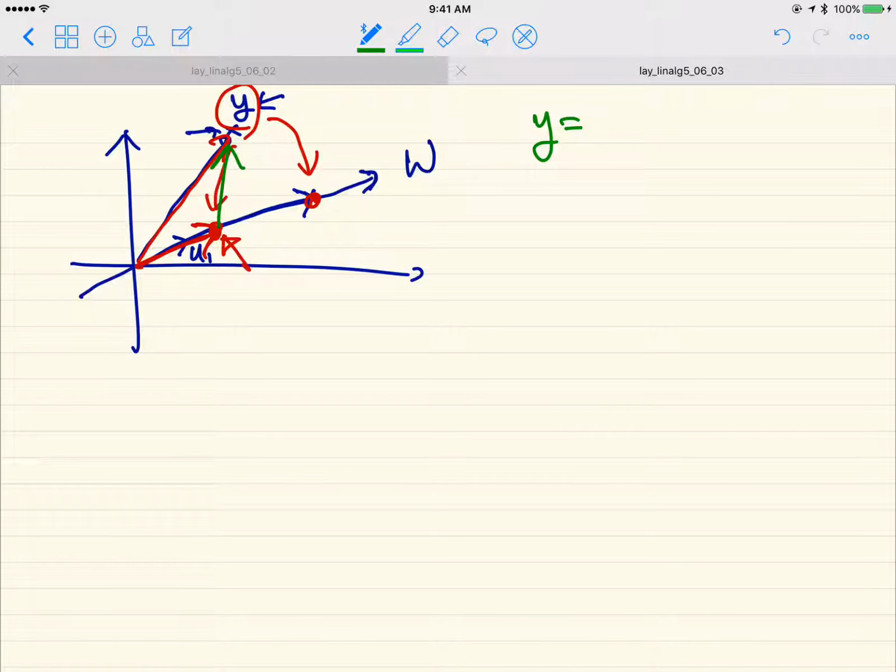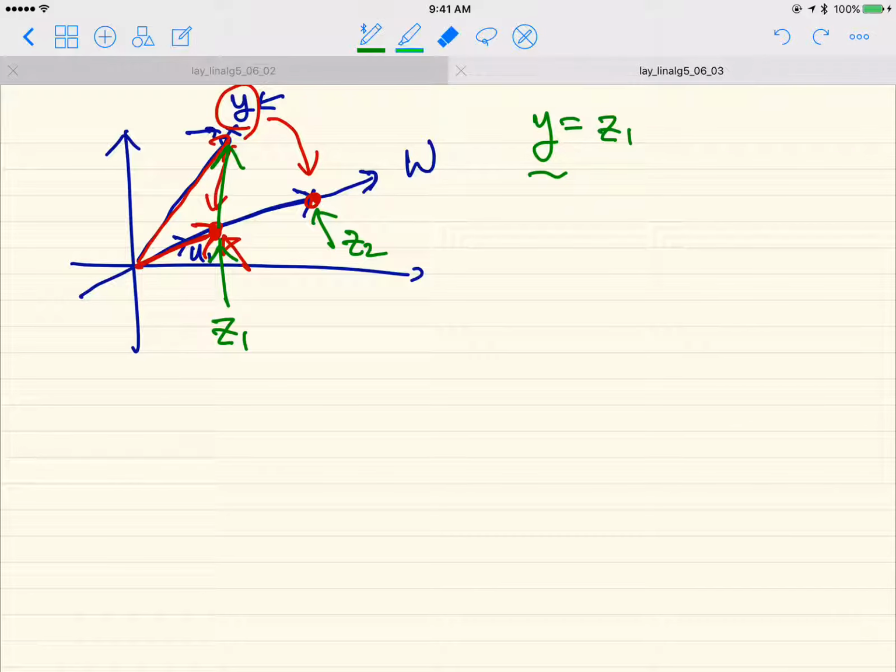Suppose this guy was z1 vector, and this guy is z2.